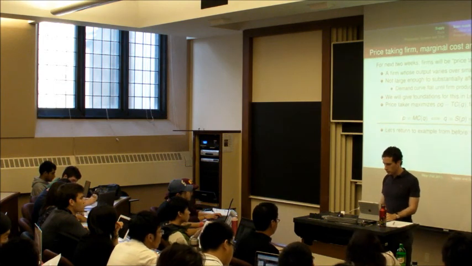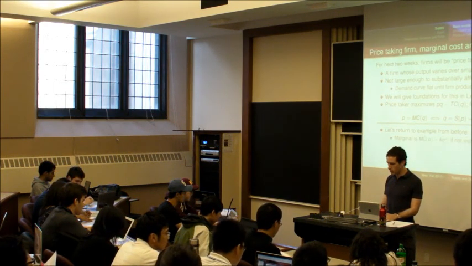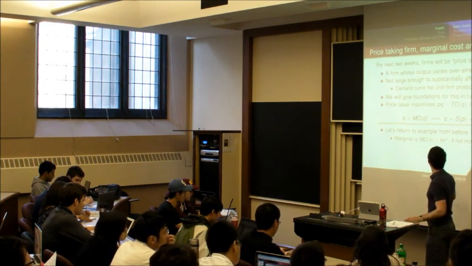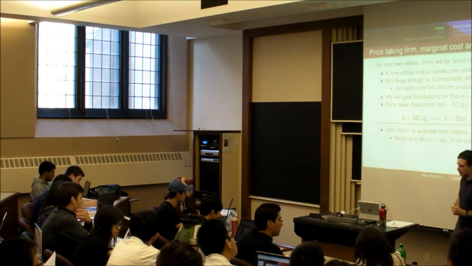So let's return to the Cobb-Douglas example. In the Cobb-Douglas example, the marginal cost curve is k times the output to the alpha.